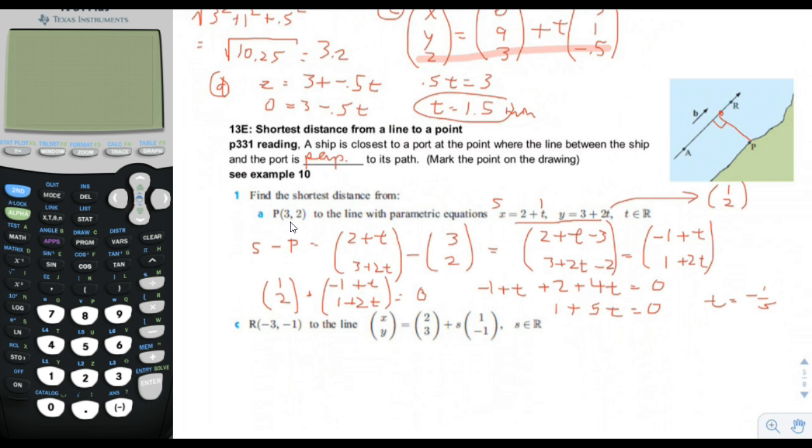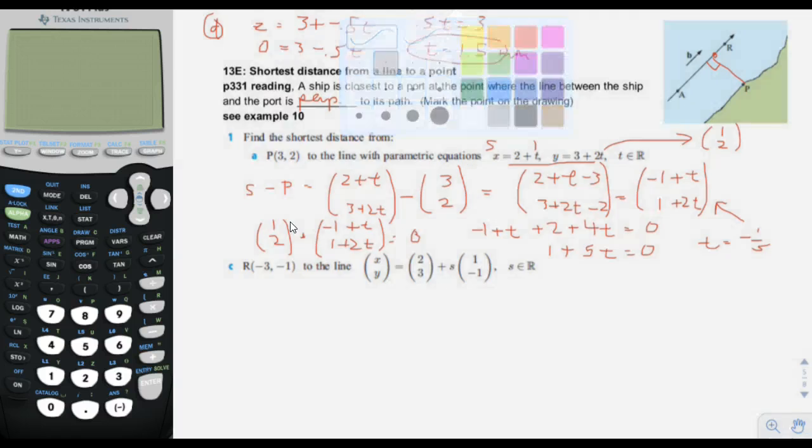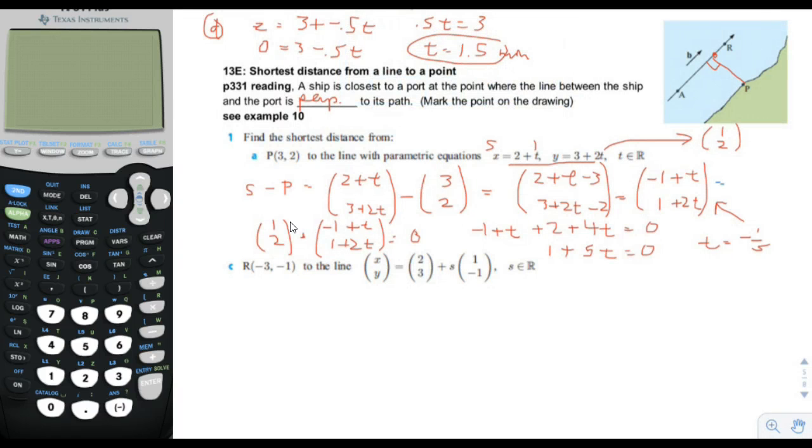Now that we know t equals negative 1/5, which is also negative 0.2, we put that into t for each component. We have negative 1 minus 0.2, which is negative 1.2.